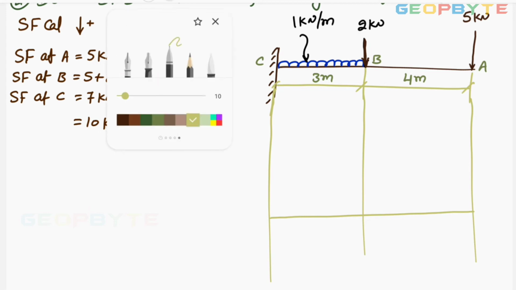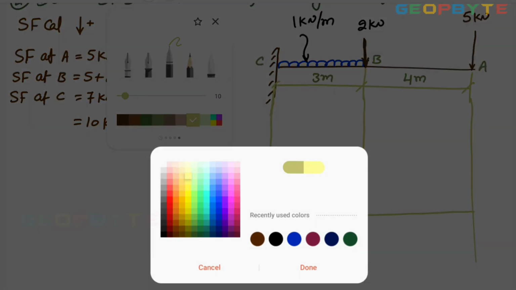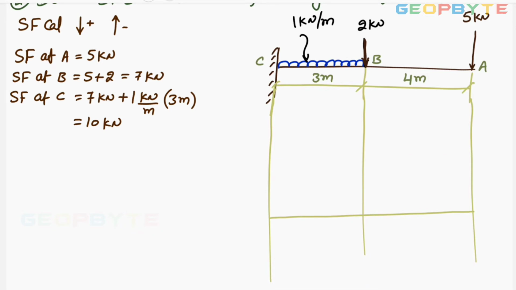With respect to the reference line, mark the sign representation, plus, minus, and this is A, this is B, and this is C. At A, 5 kilonewtons load is there. At B, 7 kilonewtons is there. At C, 10 kilonewtons is there.